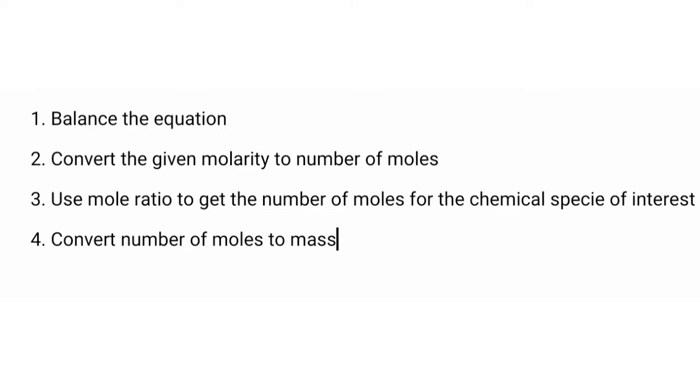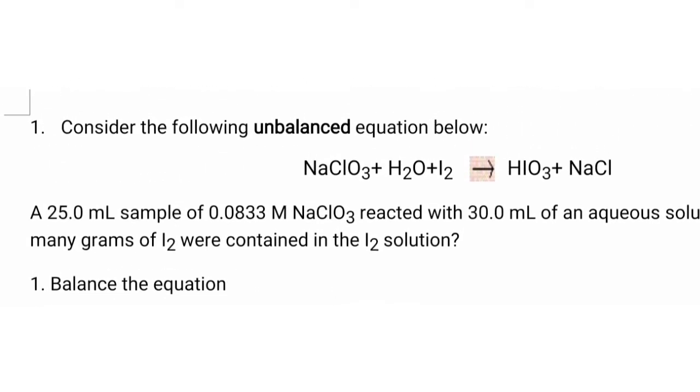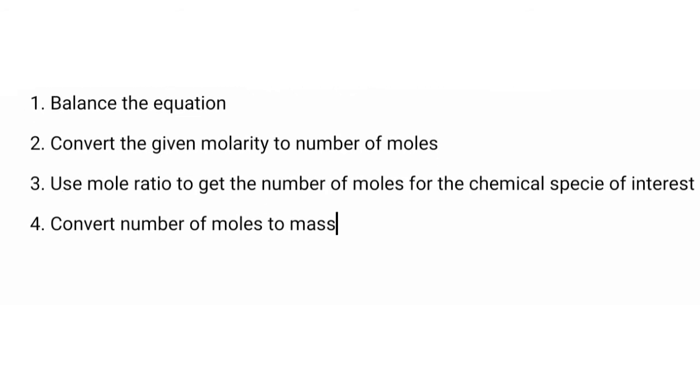Then we're going to use the mole ratio to get the number of moles for the chemical species of interest. So now, when you look at this equation here, we have the molarity for sodium chloride. Then we have not been given the molarity for iodine. So we're going to convert the given molarity of sodium chloride to number of moles, so that we can use the mole ratio now to get the number of moles for the chemical species of interest.